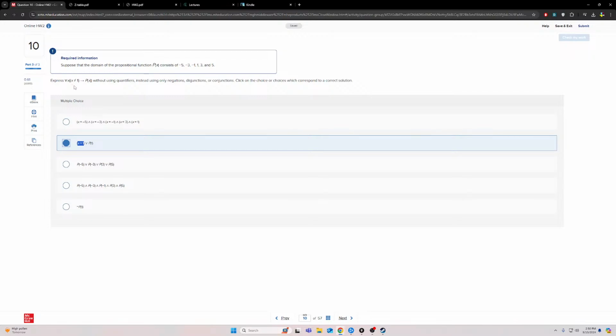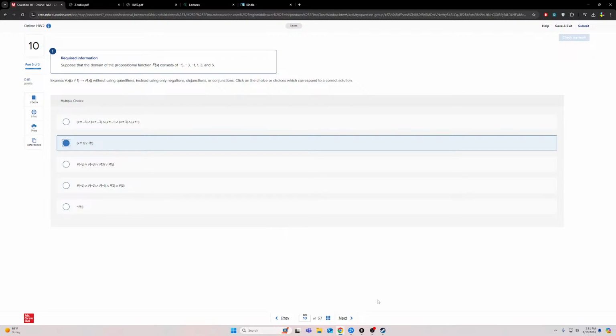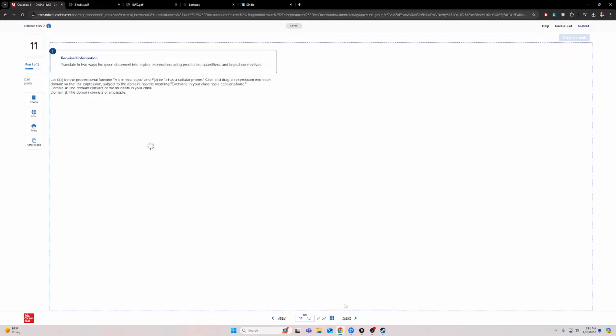We can have X equal to any of these, but it needs to be true for all of them. I'm going to go with this one. Just a guess, really. I don't really know for this one.